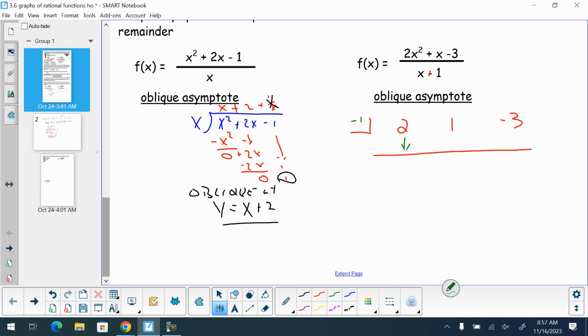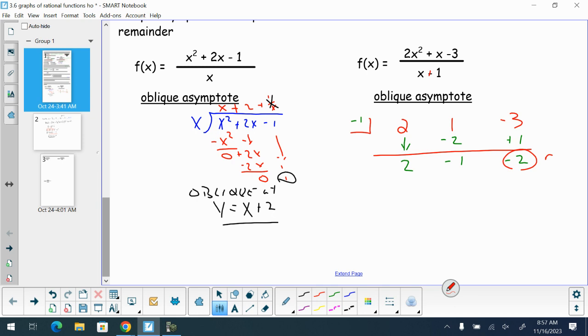So I'm going to drop down my 2, multiply by negative 1, add down to give me negative 1, multiply by negative 1 to give me 1, add down, which is negative 2. The remainder we leave alone.